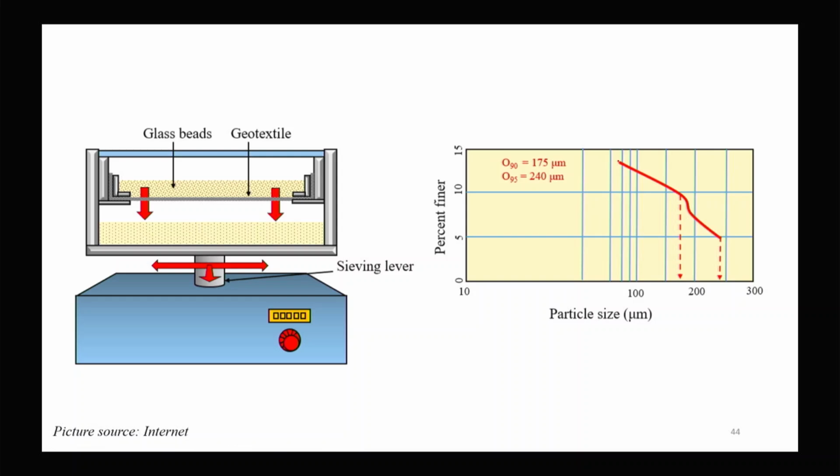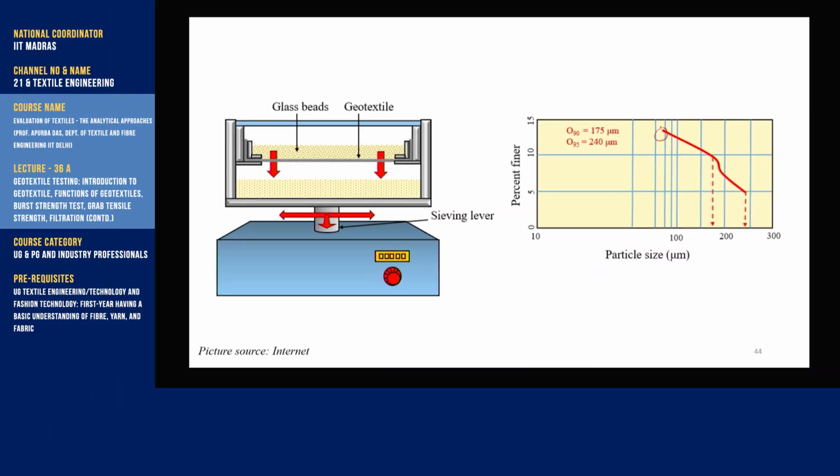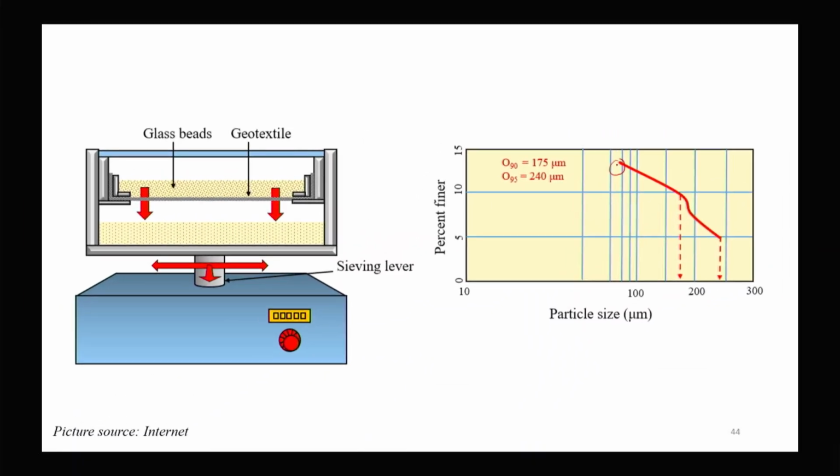First, we start with the lowest particle size, say 75 micron, and then we get the percent retained. Here gradually we increase the particle size, and see what percent is passing through. Here say 15% is coming out. These glass beads are of equal size.